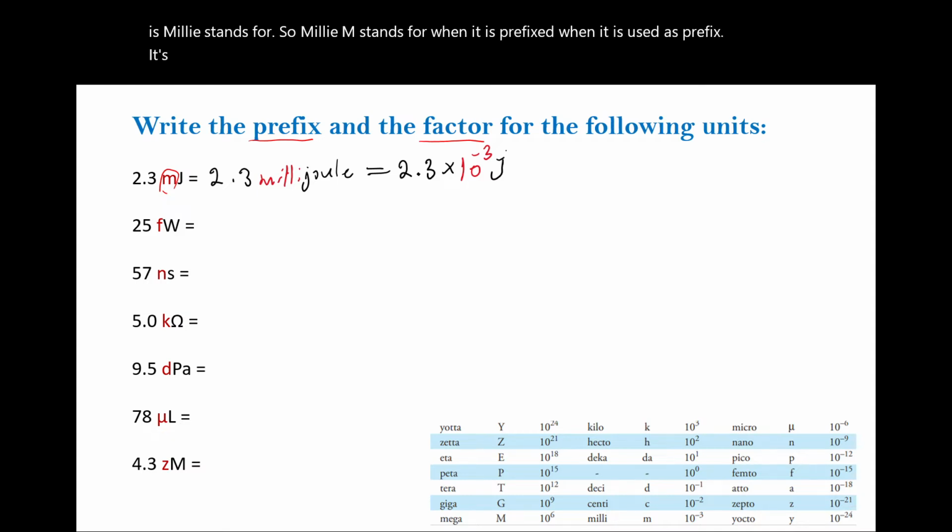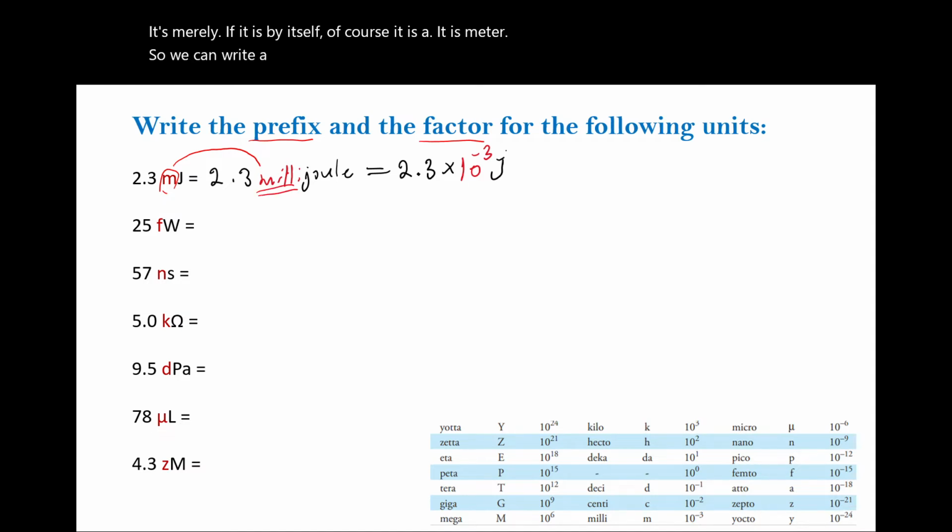If it is by itself, of course, it is meter. So we can write millijoule, and again, you can always substitute milli for 10 to negative third. Because milli, as you see it here, means 10 to negative third.